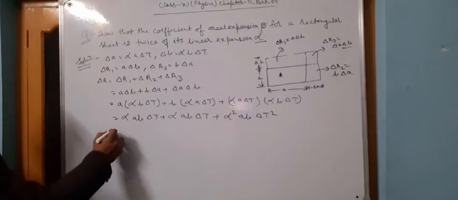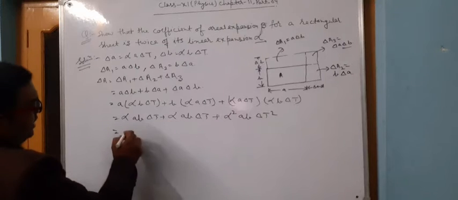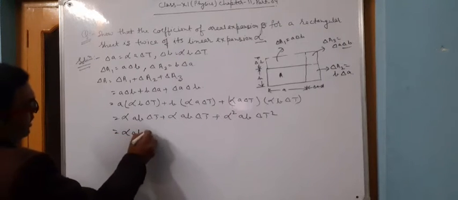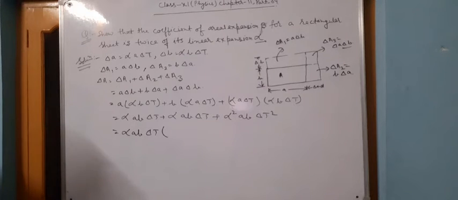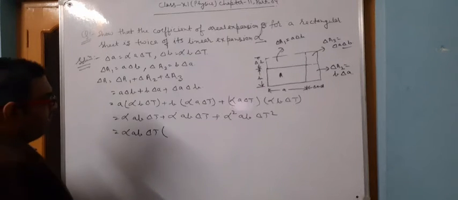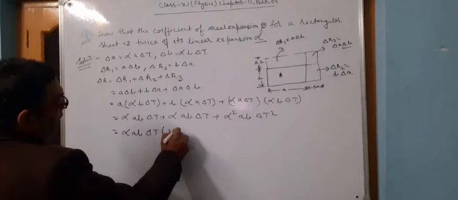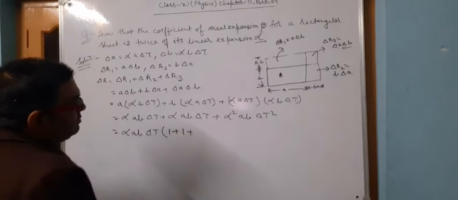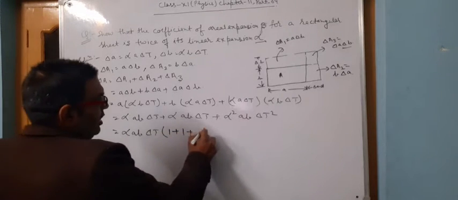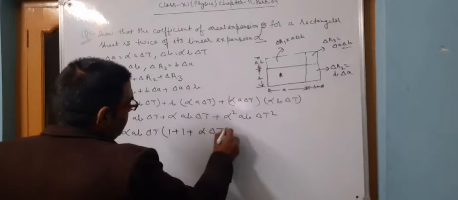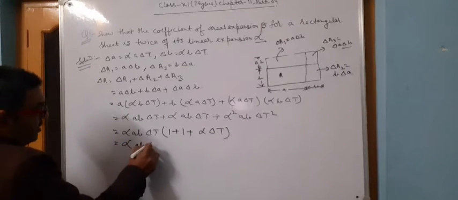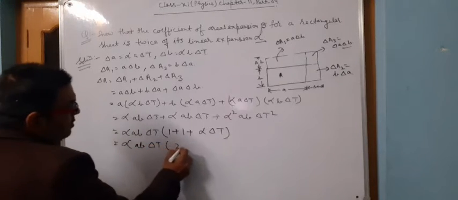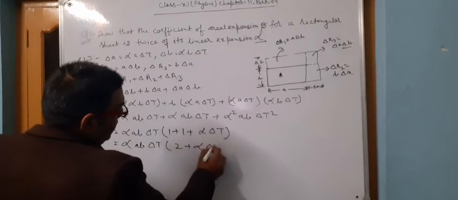Now dear students, taking alpha AB delta T common, we get alpha AB delta T into 2 plus alpha delta T.